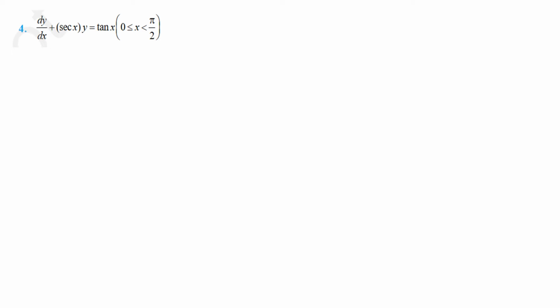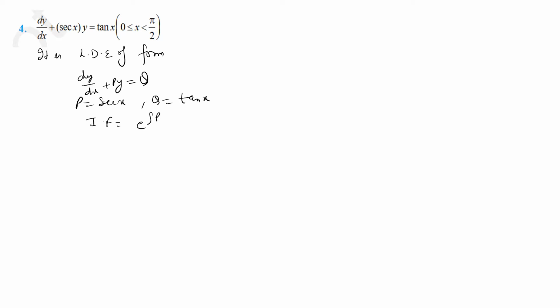Question number 4. Clearly you can see it is a linear differential equation of the form dy by dx plus Py is equal to Q. Right? P here is secant x and Q here is tan x. So firstly we will find the integrating factor, which is e raised to power integral of P dx, which is e raised to power integral of secant x dx.